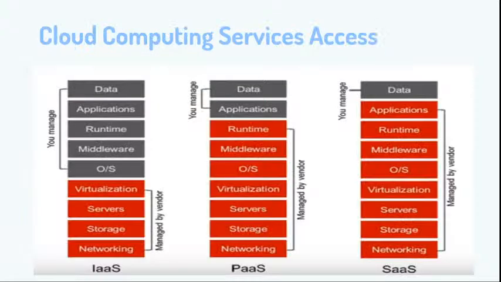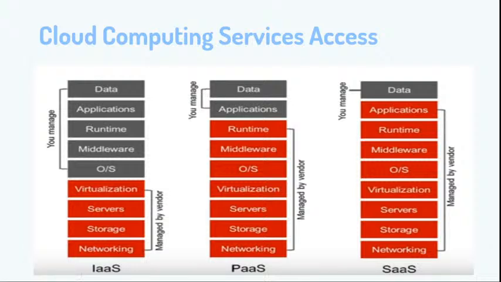Here you can see what is managed in each. In SaaS you manage only data. You don't manage any application, runtime environment, middleware, OS, virtualization, servers, storage, or networking. In PaaS you manage data plus application.